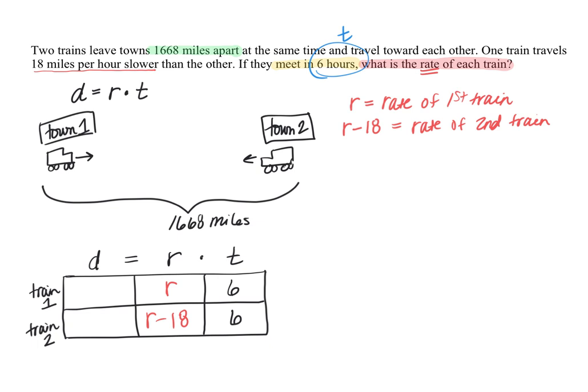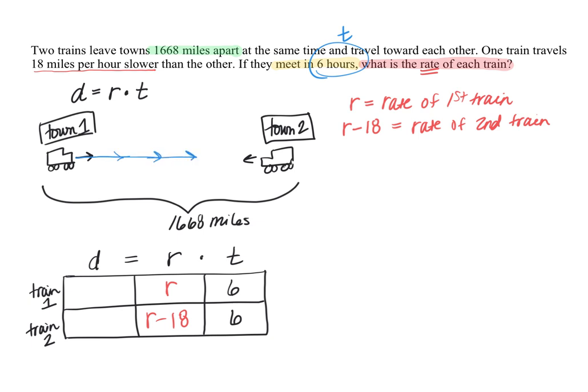Be careful, because there is a tendency for people to want to put 1,668 here, and that is not going to be correct. Because remember that 1,668 is the total distance. So let me go back to my picture for a second. You know, train 1 leaves town 1 and travels this direction.